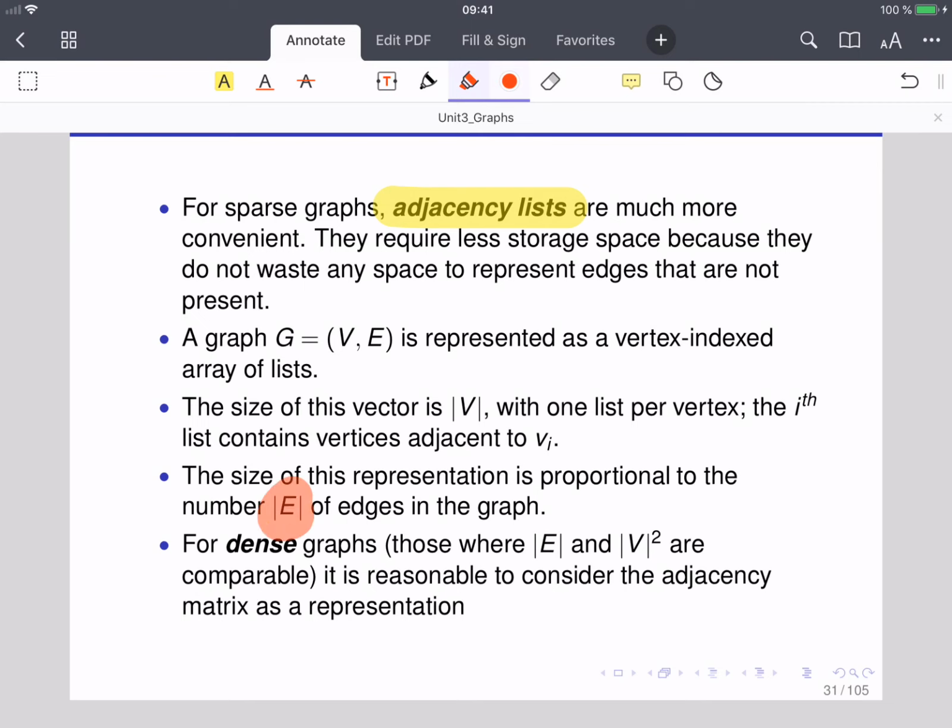Okay, and that is in general much less than the number of vertices squared. Okay, of course, for dense graphs, for graphs in which the number of edges and the number of vertices squared is more or less the same or are comparable, then we can use adjacency matrices. Okay, but in general, that is not the situation that we are going to find.